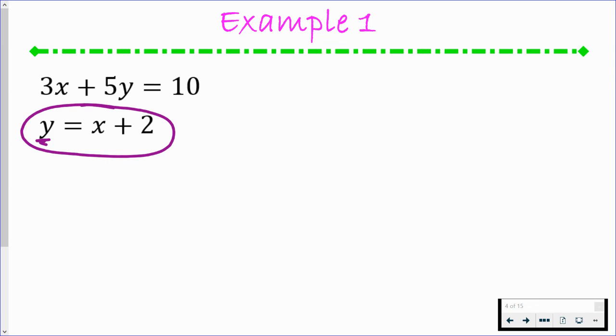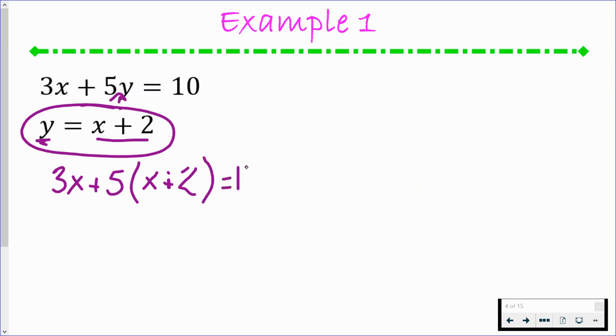Since it's y equals, I am going to substitute in this x plus 2 where the y is. So I'm going to come out with 3x plus 5, and I'm going to use parentheses to show what I'm substituting in, which is x plus 2, equals 10. So all I did was replace this y with the x plus 2.